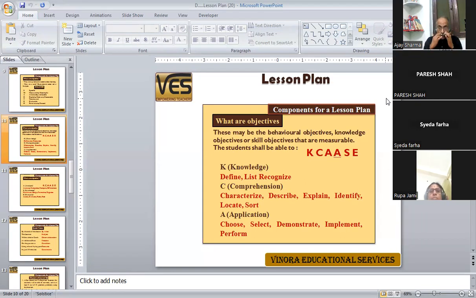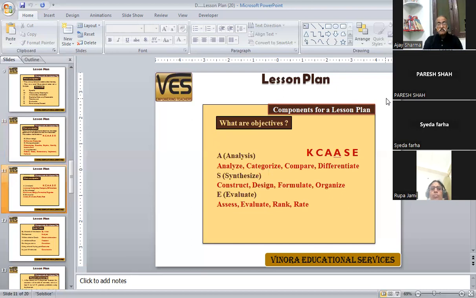Application means they have to be given a number of things out of which they choose, they select, or they demonstrate, they implement, and then perform. That is application. And then analysis, that is analyze. Analysis is very important because this is the component where they compare, they categorize, they differentiate.